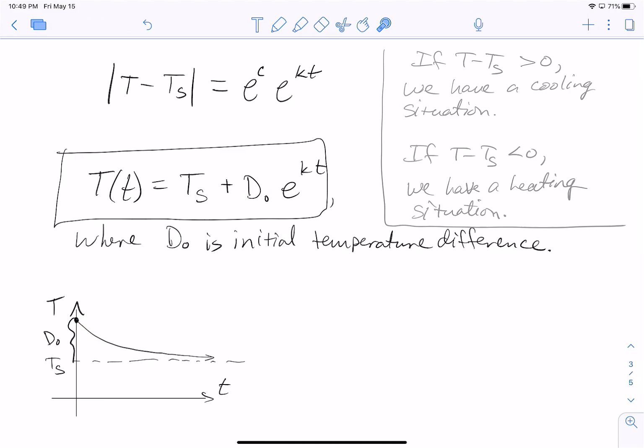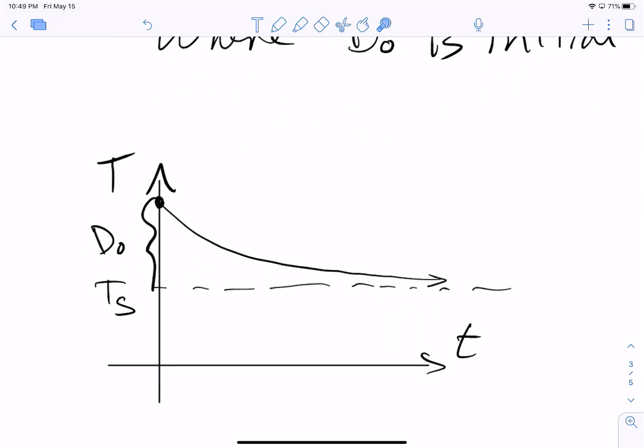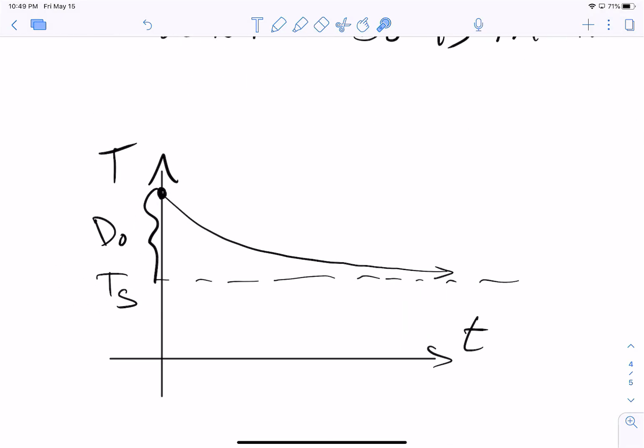As the object cools and its temperature becomes closer to the surrounding temperature, the rate at which it is cooling levels off and eventually becomes asymptotic with the temperature of the room. So this is a great picture to show that the rate at which the temperature is changing depends on the difference between the two temperatures.